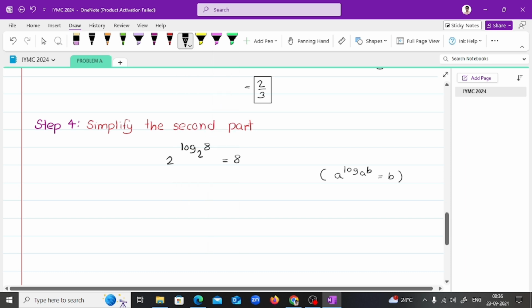So we know that 8 is nothing but cube of 2, so I can write 2 raised to log 8 to the base 2 as 2 raised to log of 2 cube to the base 2.